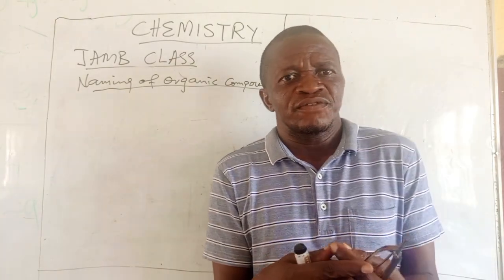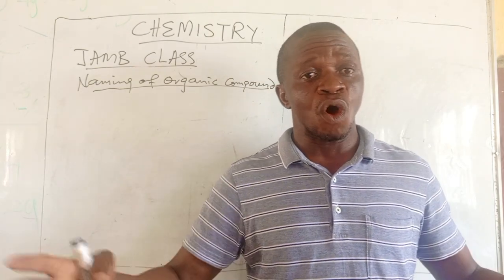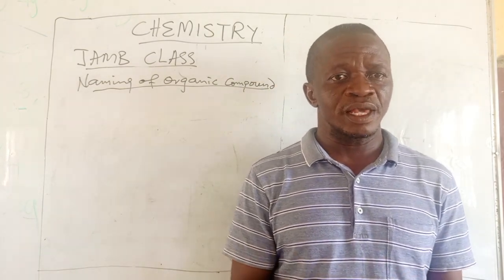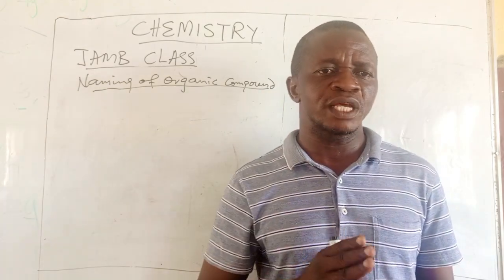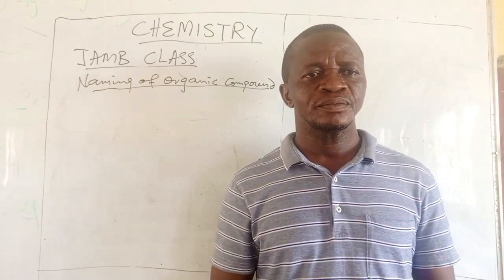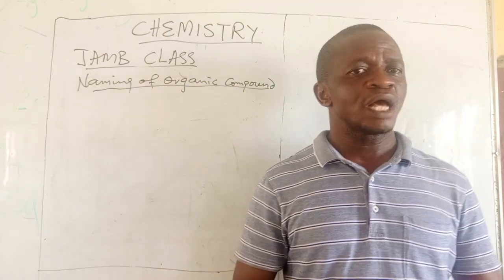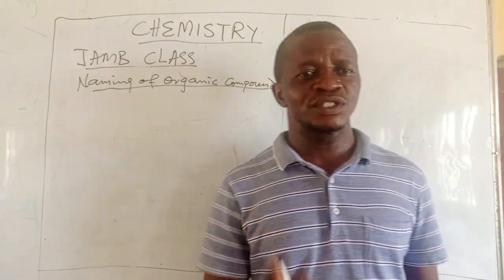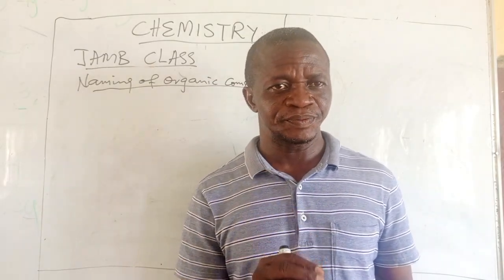Then when you know all of this, it is very simple for you now to do what? Connect the whole thing, and then mention the position of the functional group, and then you are done. The compound will come out. So we are going to see an example of this now.